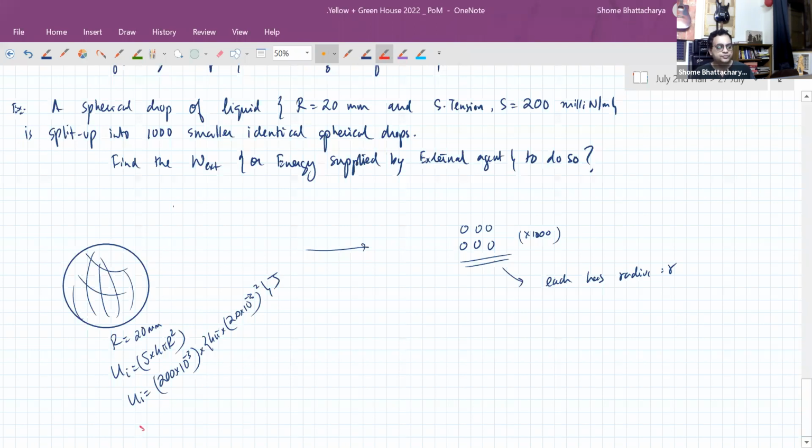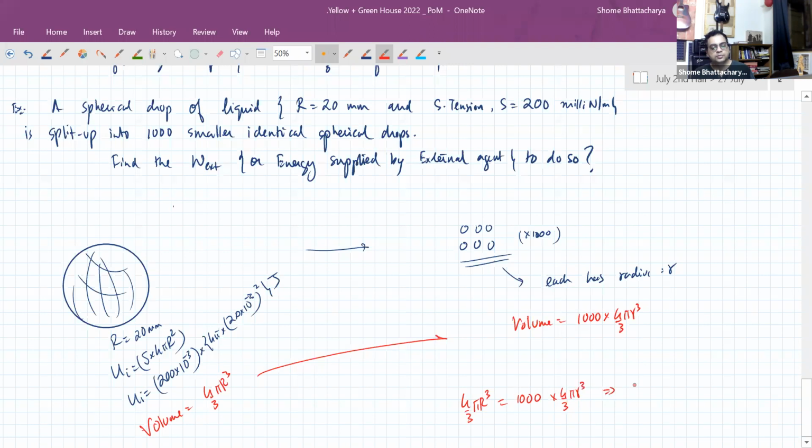So the volume of fluid is 4 by 3 pi R cube. So that has to be equal to the volume of fluid now, which is 1,000 droplets each of this. Okay. So 4 by 3 pi small r cube. So it's R by 10, you can see. So it will be 2 millimeters.